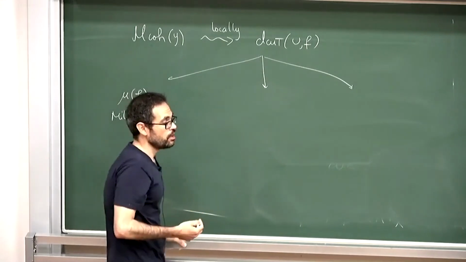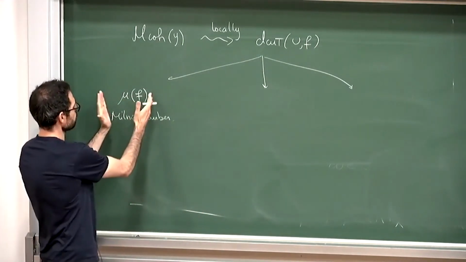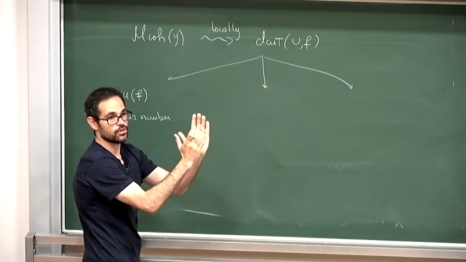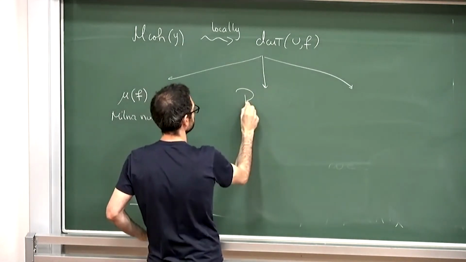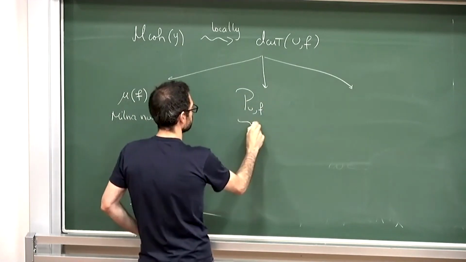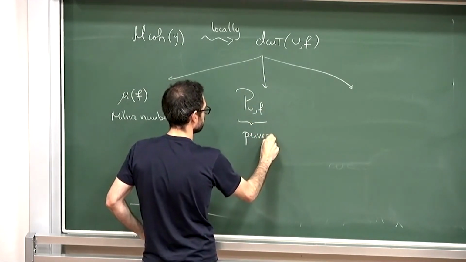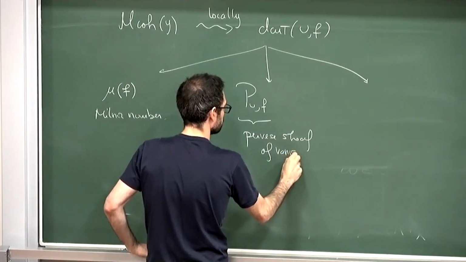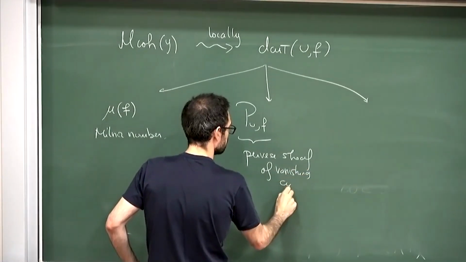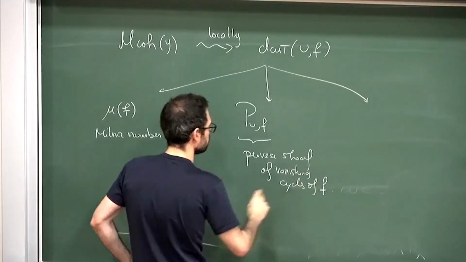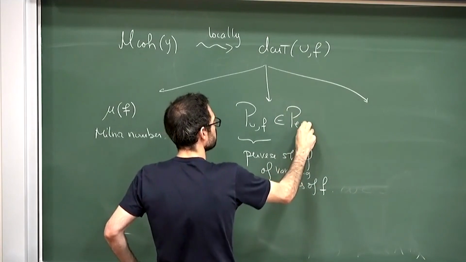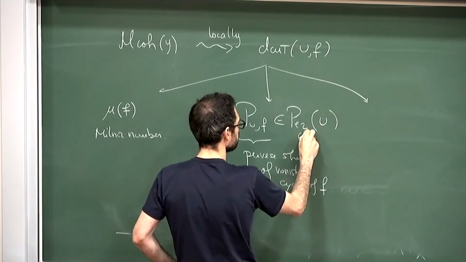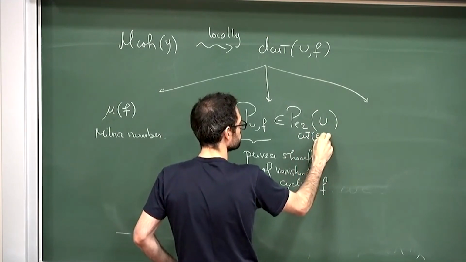A second invariant I can try to glue, instead of extracting just the Euler characteristic of the vanishing cycles, I can try to glue the whole sheaf of vanishing cycles. So this is the perverse sheaf on U, but it's supported on the critical locus of f.